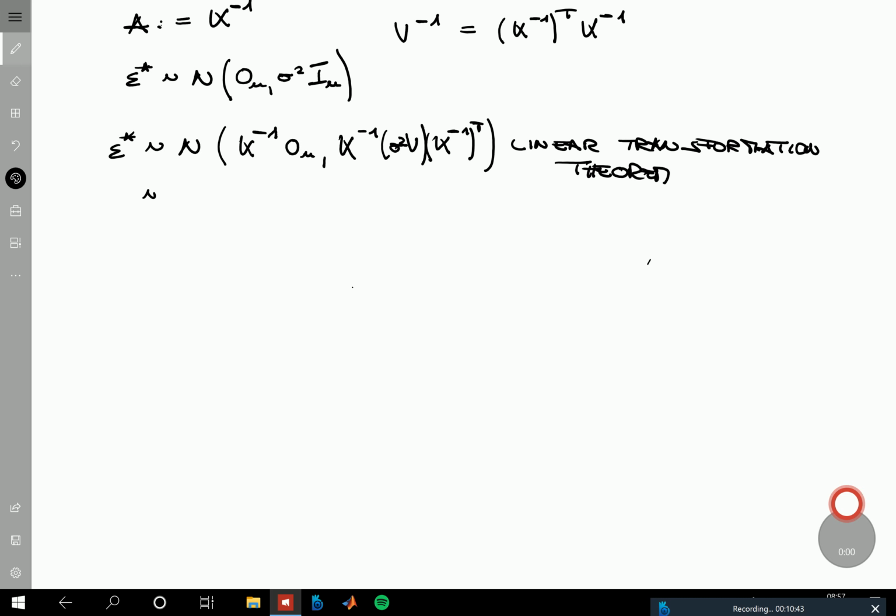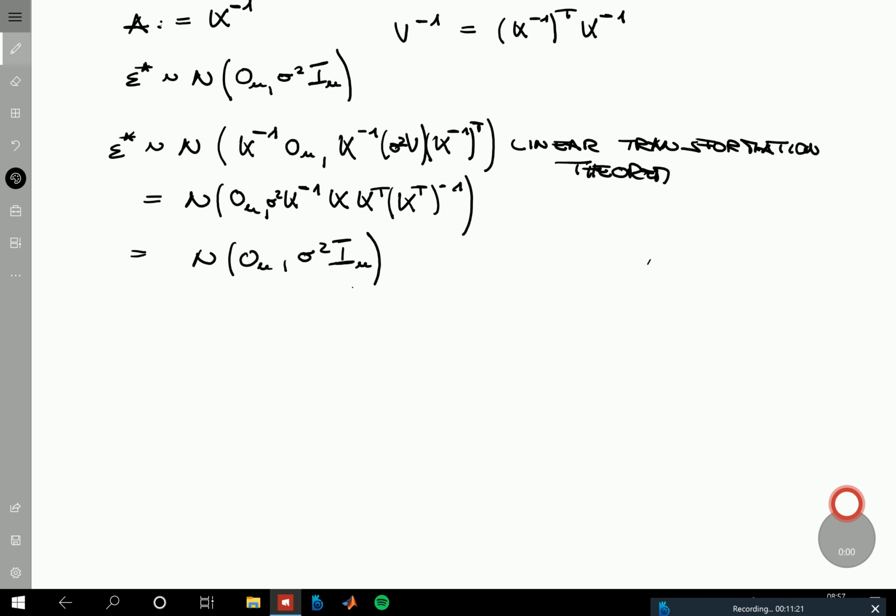And of course this evaluates to 0n, K minus 1, the sigma square we can take in front, and then our V, and this is of course the trick, our V is K K^T, and then here we have K to the power of minus 1 transposed. We assume that this is the same as K^T minus 1. So what we get is 0n, sigma square In.